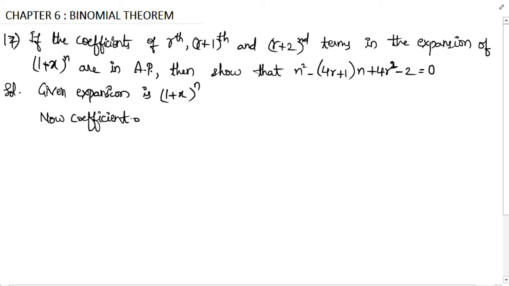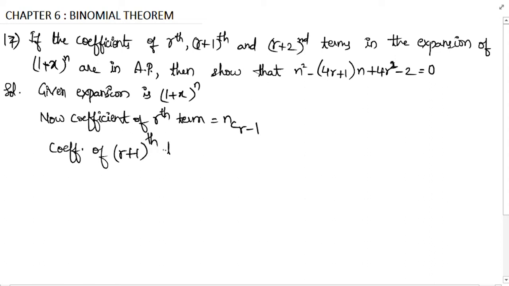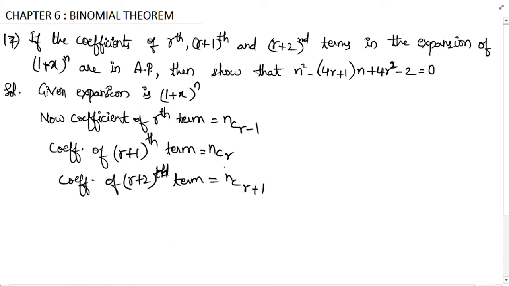Now the coefficient of the rth term is nCr-1, the coefficient of the (r+1)th term is nCr, and the coefficient of the (r+2)th term is nCr+1.